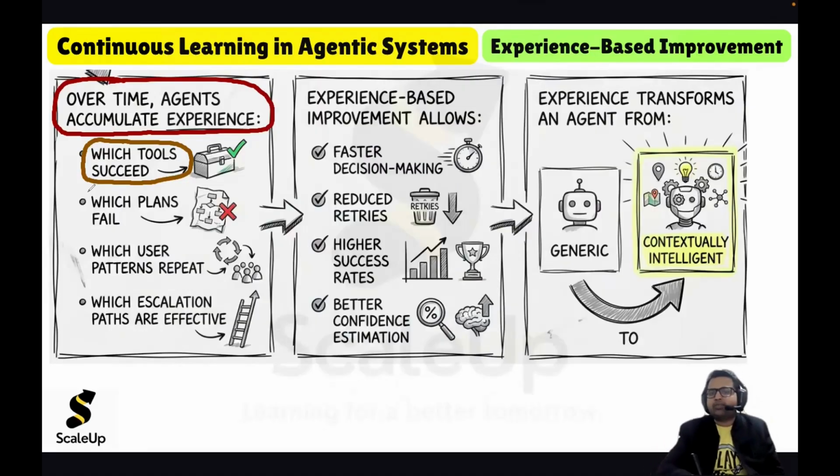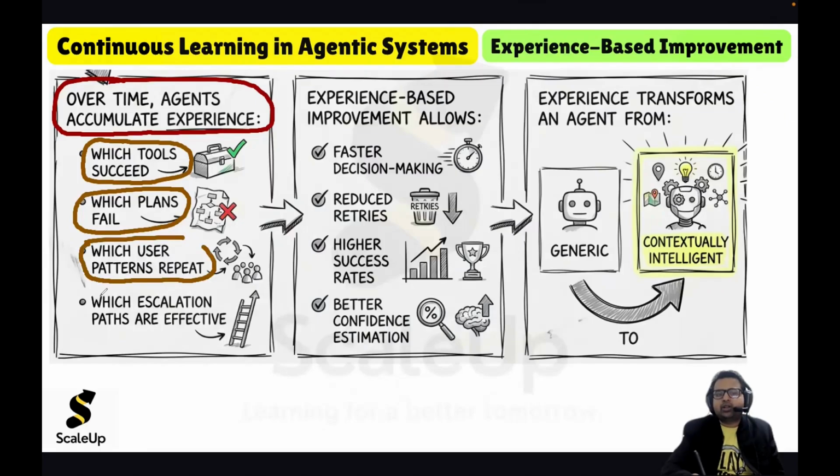So that is the experience based improvement. So over time, agents accumulate experience. Agents will learn which tools succeed, which plans failed, which user patterns repeat, they will learn user patterns and user behavior, and which escalation paths are effective.